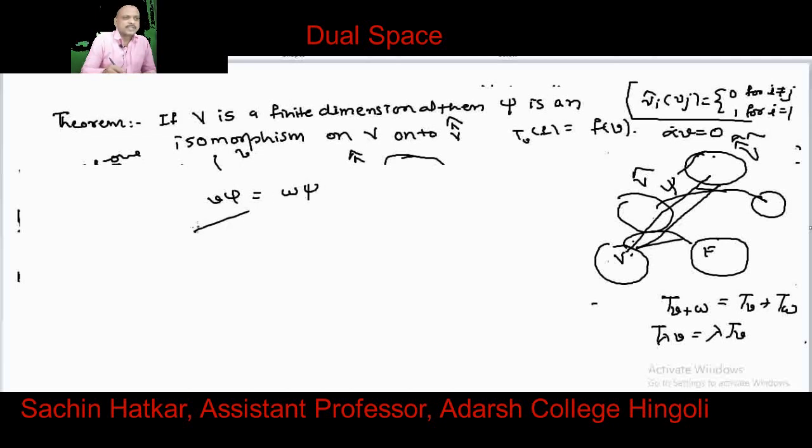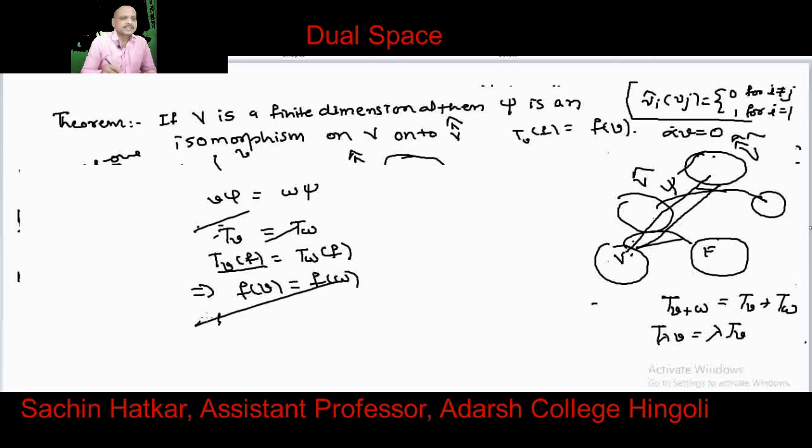Then psi of v means T_v, and this is equal to T_w. Therefore, T_v of f equals T_w of f. But T_v of f equals f of v, and this is equal to f of w.